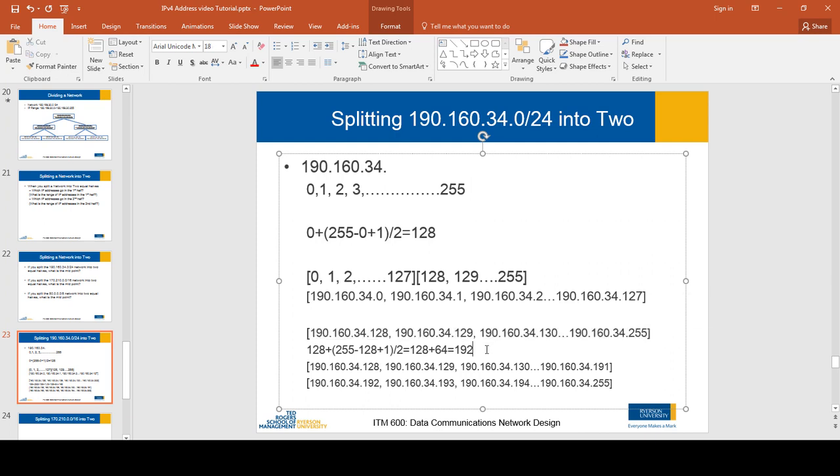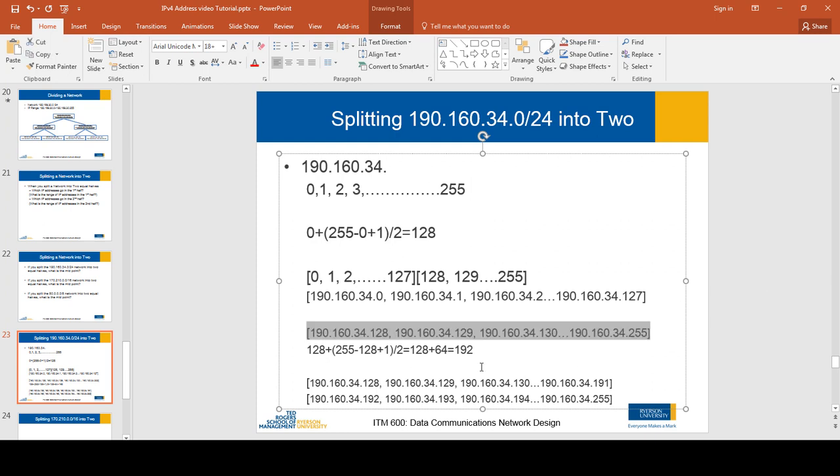Now to show another example, I'm splitting this IP range 128 to 255 into two equal halves. The midpoint is the lowest value 128 plus the highest value 255 minus 128 plus 1, divided by 2.